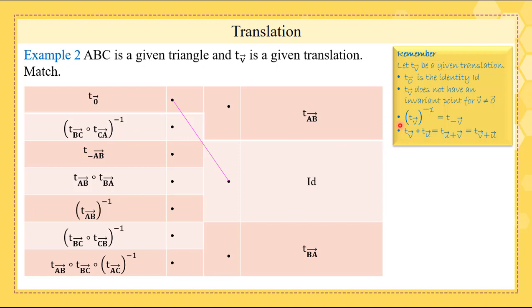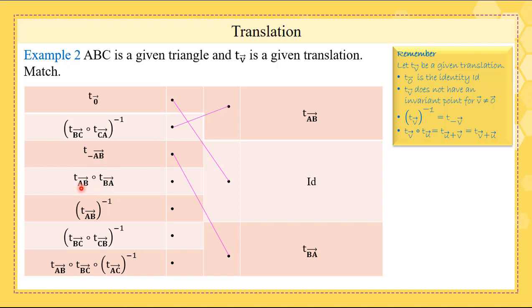So, according to the last remark, we get a translation by vector BC plus vector CA. So by Chasles, we get a translation by BA vector. So the inverse of the translation by vector BA is the translation by vector AB. The third one, translation by vector minus AB vector, of course, is the translation by vector BA.